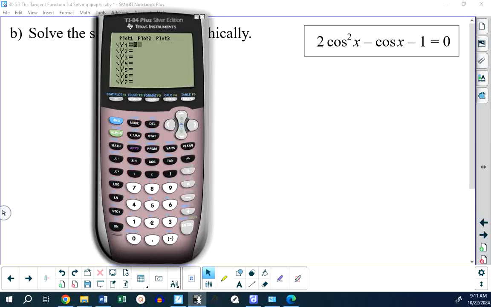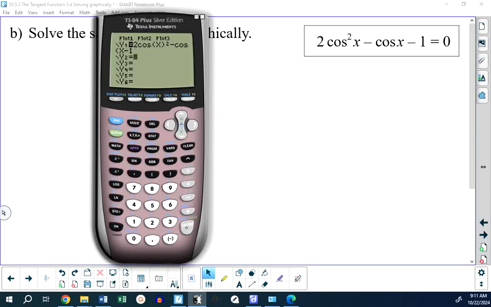When you enter 2 cos of x, end bracket, squared, that squared is not inside the brackets with the x, it's on the function as a whole. So it's going to square cos of x, and then minus cos of x, and then minus 1.